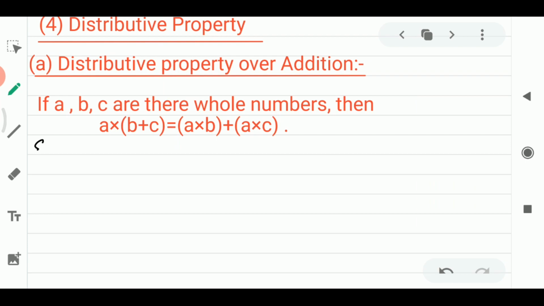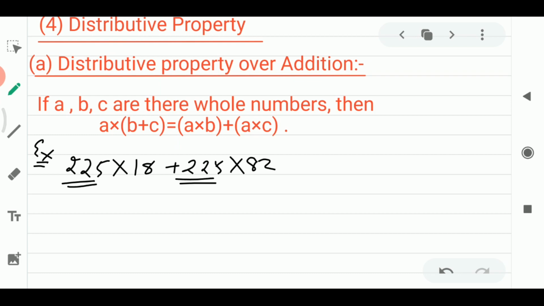Suppose 225 into 18 plus 225 into 82 is given. Now look at here, which number is common here? 225. Okay, let's take as common 225.